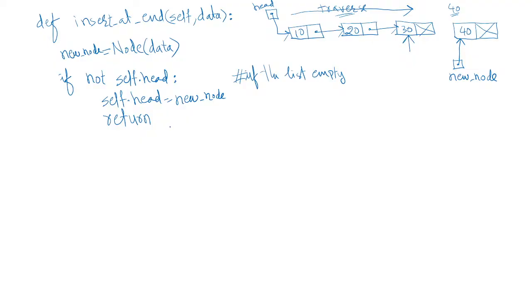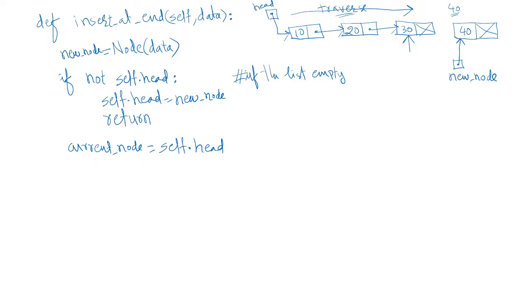So how can you go to the last node? By using a temporary pointer. You can use a pointer called temp, or a pointer called current node, because the current node always points to something. So we'll say that current node is equal to self.head.